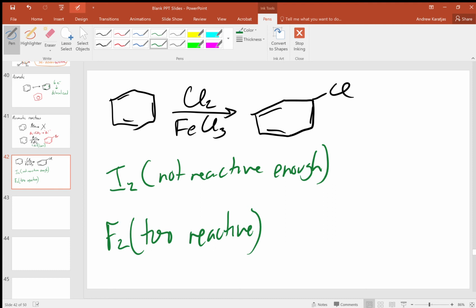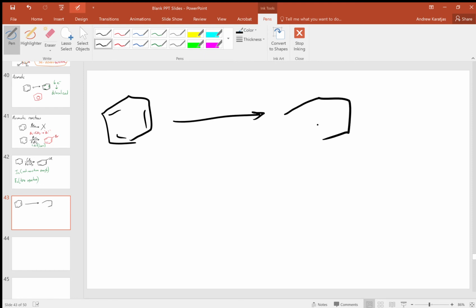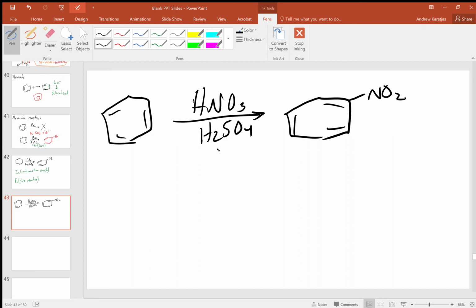All right, what else could we do with an aromatic ring? Well, we could put a nitro group on, NO2. And we do that by using nitric acid, sulfuric acid, and then you notice I'm putting this uppercase delta here.